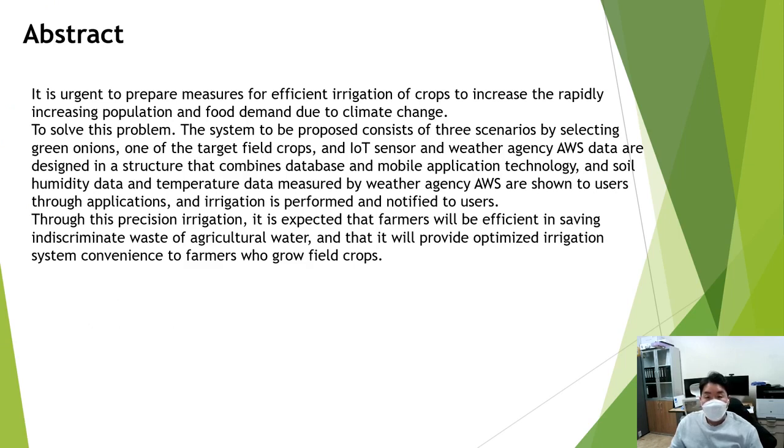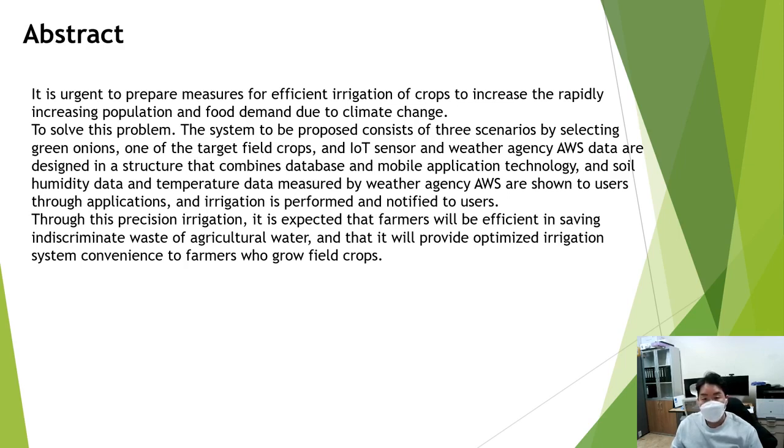First, I would like to briefly introduce the abstract. It is urgent to prepare measures for efficient irrigation of crops to meet the rapidly increasing population and food demand due to climate change.